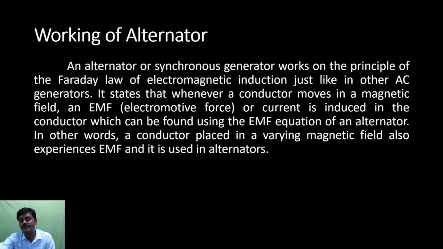Later on we are going to study the EMF equation of the alternator. The main point is that the conductor is placed in a varying magnetic field. If it is a constant magnetic field, there is no EMF we can generate at the armature coil. Only if the field winding or field value is varied can we get the supply. So the field is also experiencing the EMF and is used in the alternator.